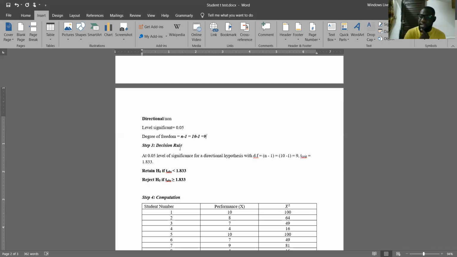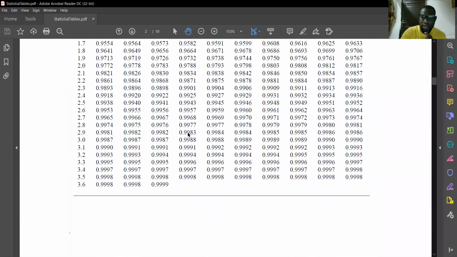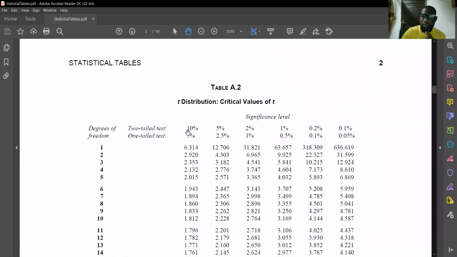When you are able to generate these three things, you then go to the formula table. A formula table will be provided. You just have to go through it and find your t table.